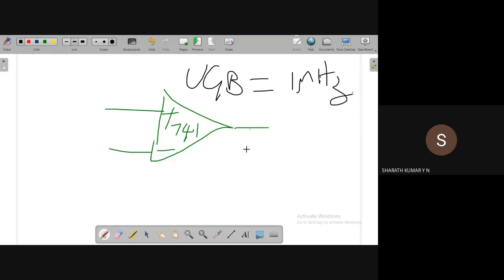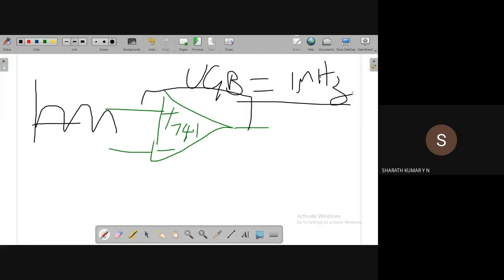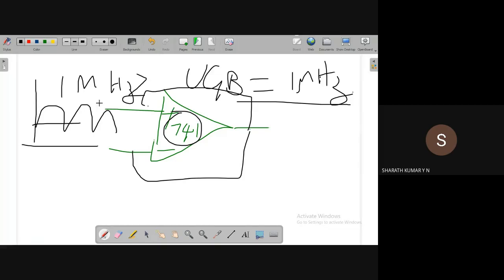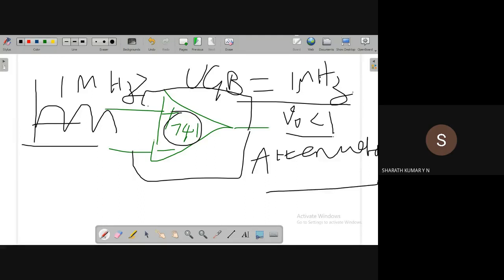Without any feedback, without any kind of positive or negative feedback, the maximum input frequency that can be applied to the op-amp 741 is approximately 1 megahertz. If the frequency is above 1 megahertz, the output voltage becomes less than 1. If the output voltage is less than 1, we can call it an attenuator. It's no more an amplifier. It becomes an attenuator.